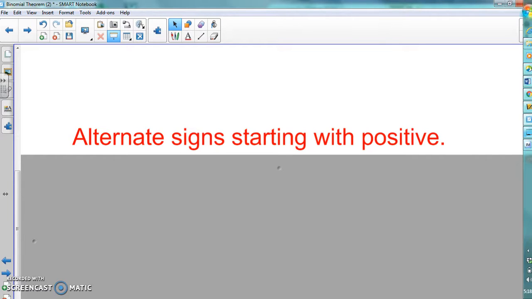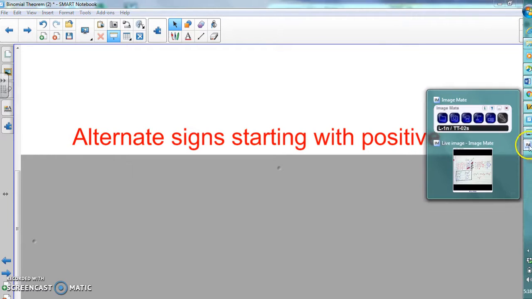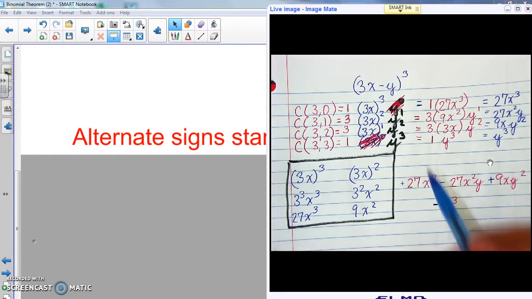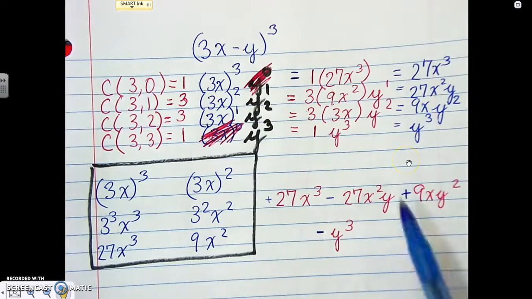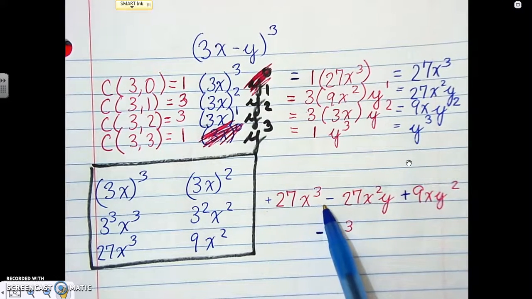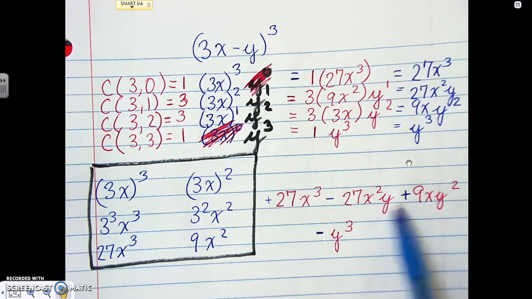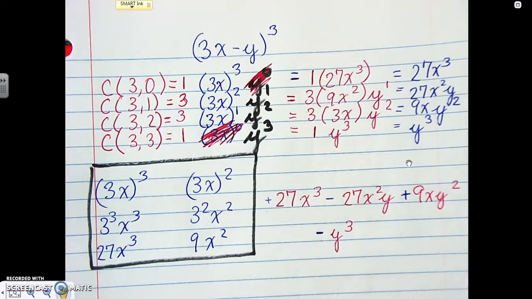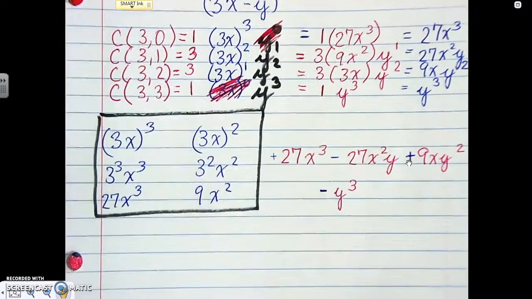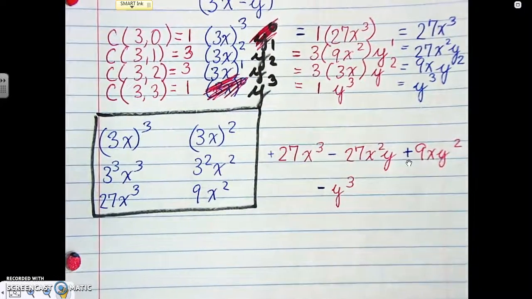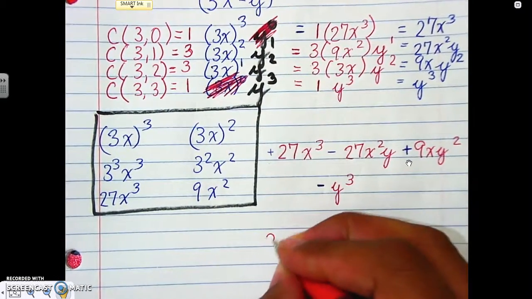Oh, you can't see it. Sorry. So it started off positive here. So you can see it bigger. Start off positive here, then negative, then positive, then negative. So alternate signs until you get to the end. But it always starts with a positive. So to finish it up, we normally don't put an addition sign or a plus sign at the beginning of this whole thing, this binomial.